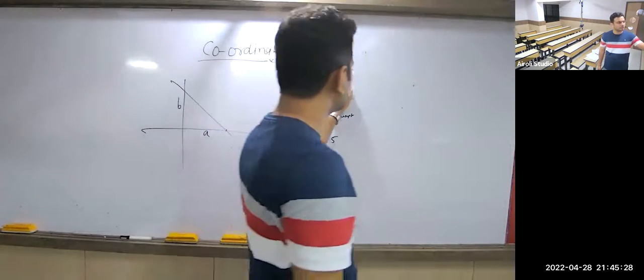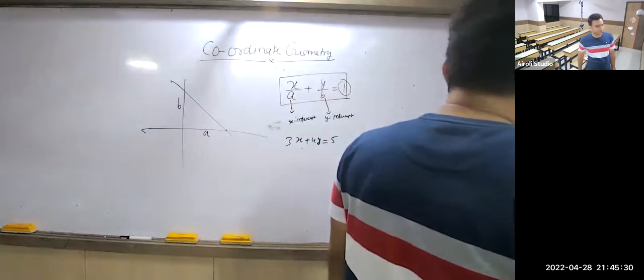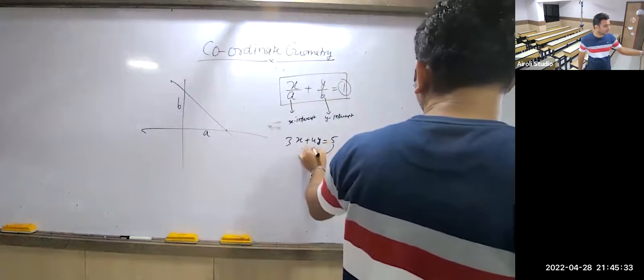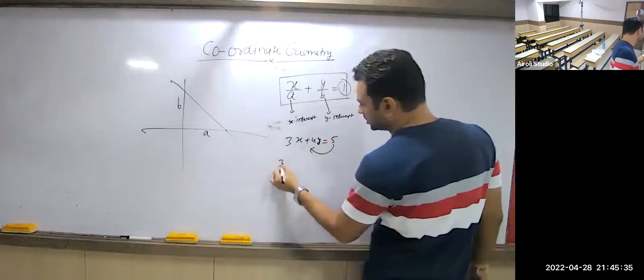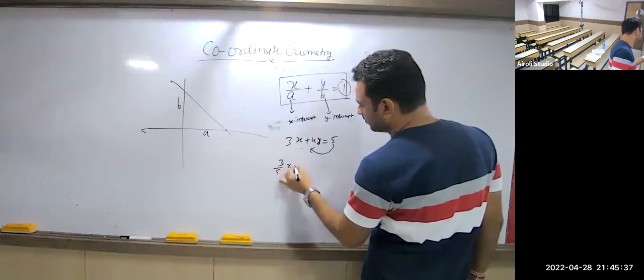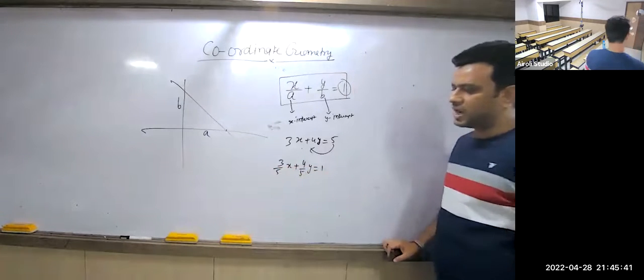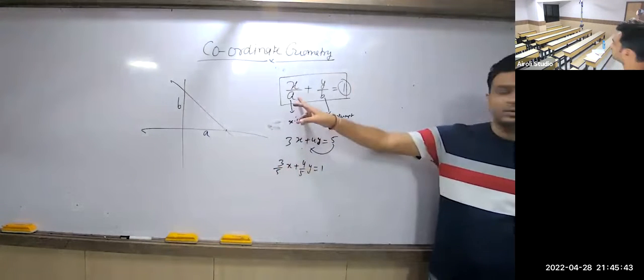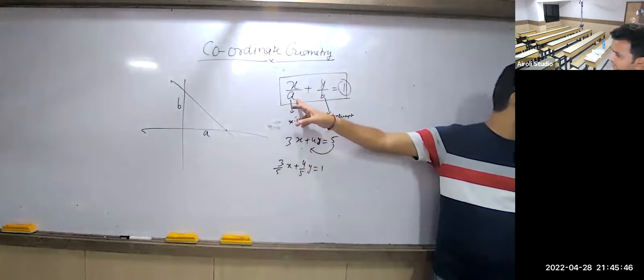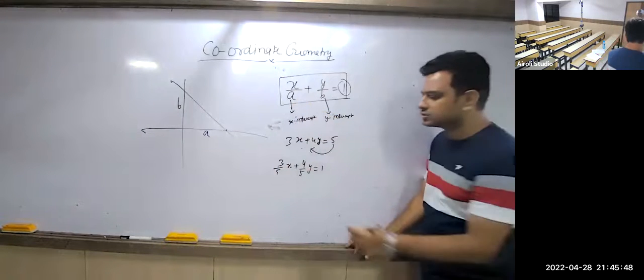For this, I want the RHS as 1. So what I will do, I will divide it by 5. So this will become 3 by 5 x plus 4 by 5 y equals to 1. I want this coefficient in the denominator, so I will divide this.